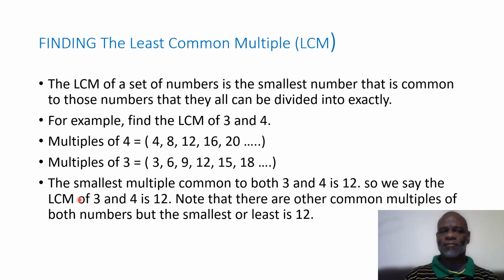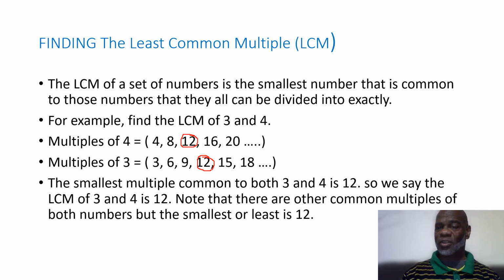So for the smallest number, look at the sets of numbers we have here for both 3 and 4 and see which ones are common, and which is the first one that is common to both 3 and 4. It would be 12 here. So 12 and 12 here. If you notice in the set, that is the first one that is common to both of them.